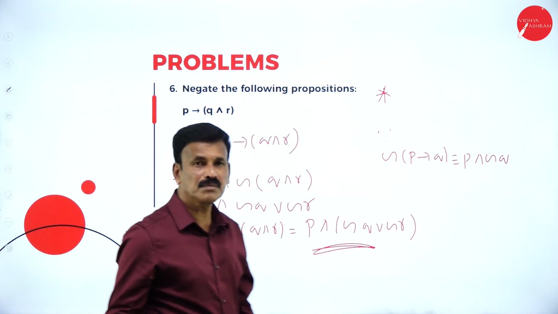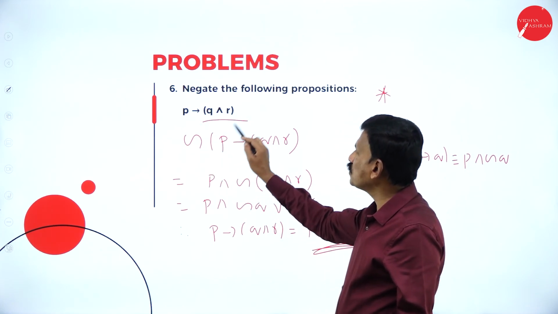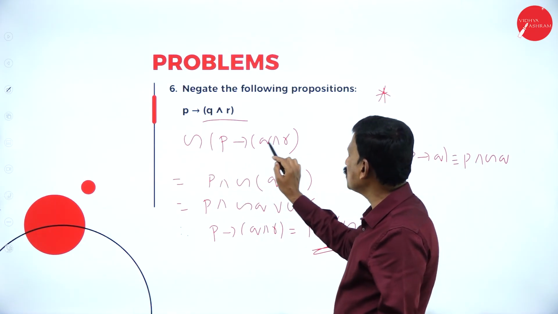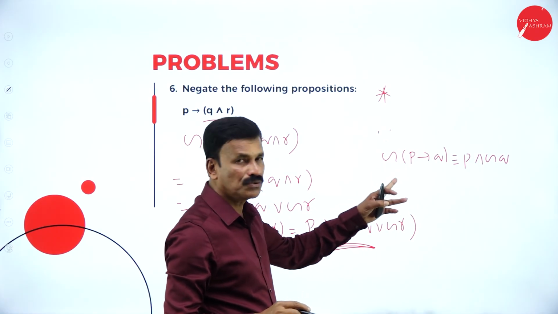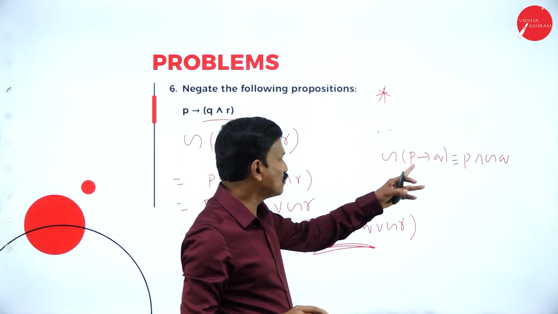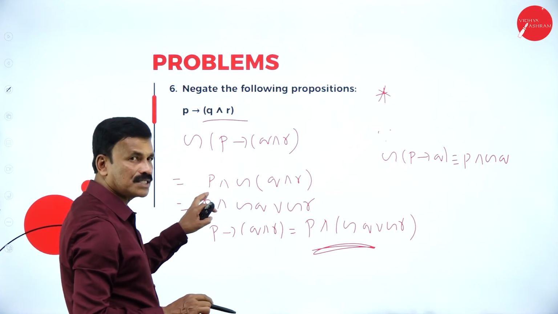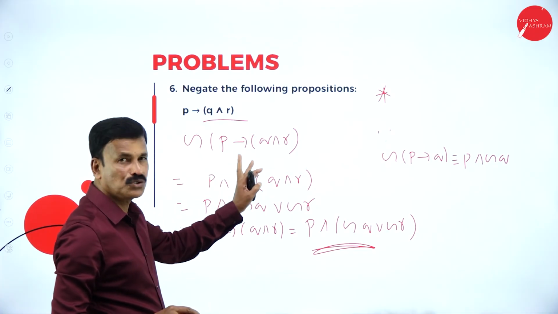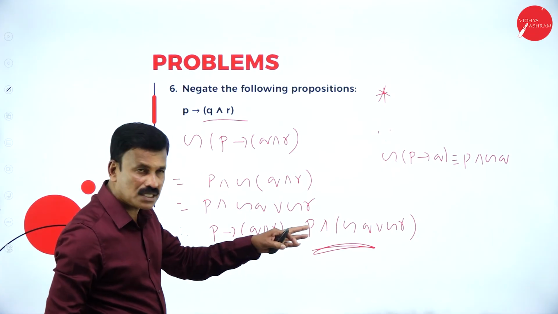Listen, very simple. Let me explain. So what is to negate? Negation of P conditional to Q conjunction R. That is, just put the symbol for negation of P conditional to Q conjunction R. So there is a rule, negation of P conditional to Q is logically equivalent to P conjunction negation Q. So P is as it is, this conditional becomes conjunction, negation of Q is nothing but Q conjunction R. So P conjunction, using De Morgan's law.